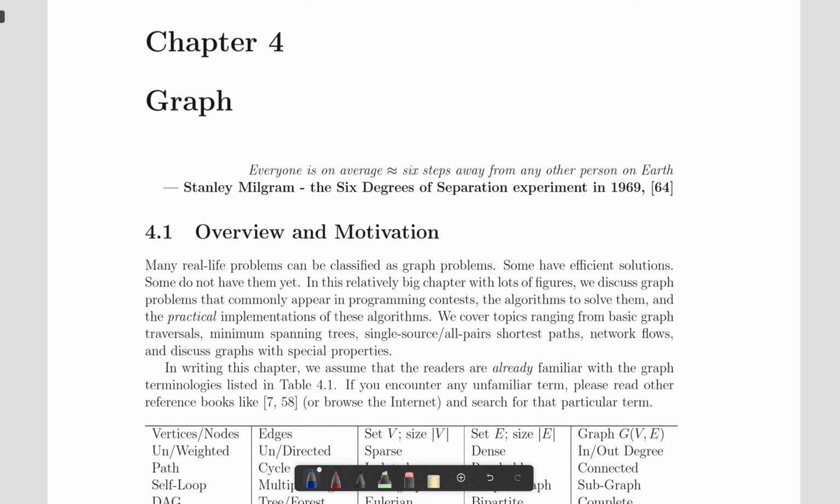Before studying graph, there is one quote based on graph: everyone is on average 6 steps away from any other person on earth.